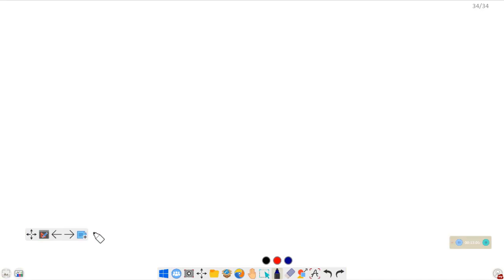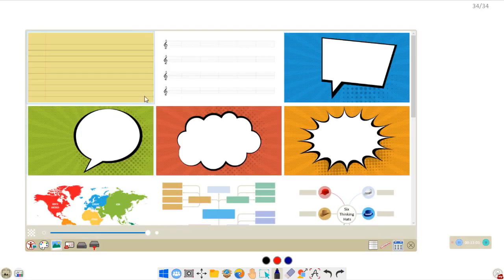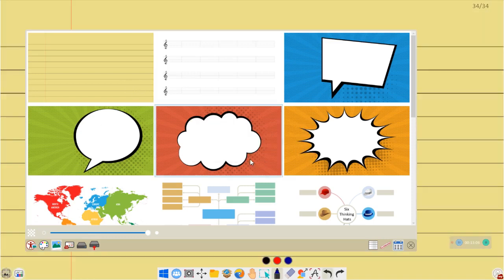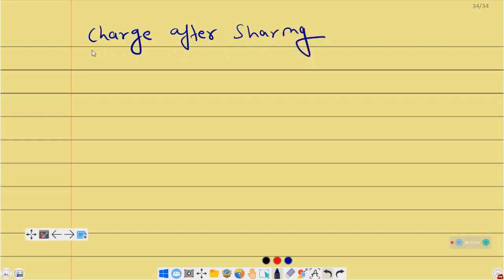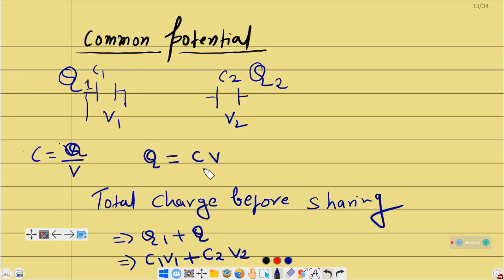Now the charge after connecting, or sharing.